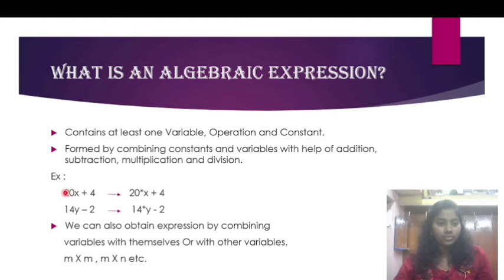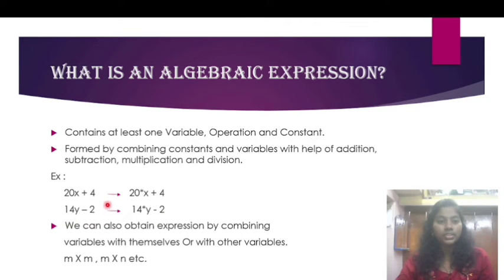For better understanding I have taken one example, 20x plus 4. In the 20x plus 4, 20 is first multiplied with x and then 4 is added to it. In the second example, 14y minus 2, 14 is multiplied with y, then 2 is subtracted from it. Okay.